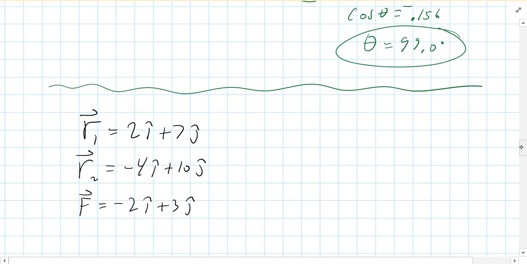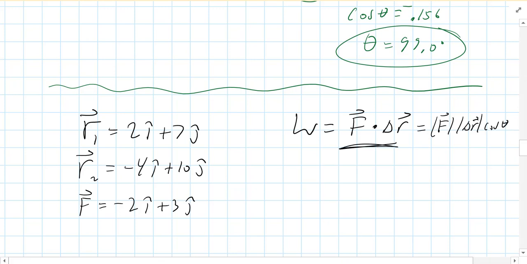Now, to find the work done, the work is force dot delta R. Now, there's two ways for me to do that. I can either use the unit vectors, or I could do the magnitude of the force times the magnitude of delta R times cosine of the angle between them. Since I don't know the angle between them, and I really don't care to find it, I'm going to use the unit vector part of this, okay?